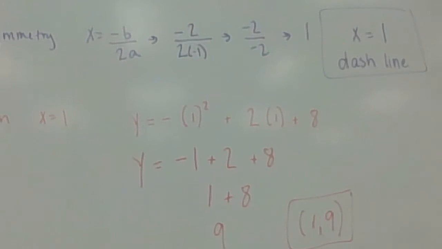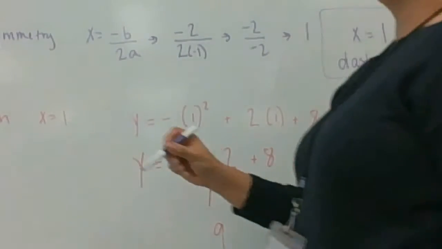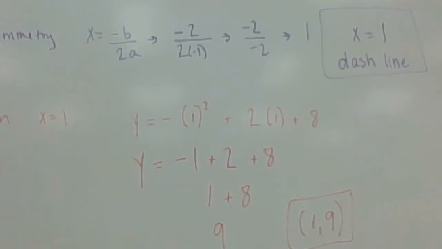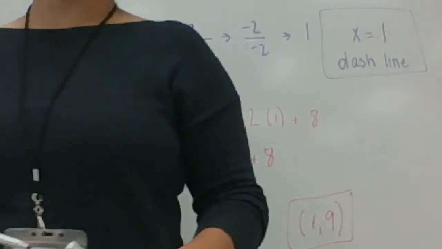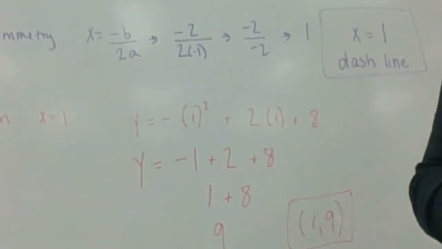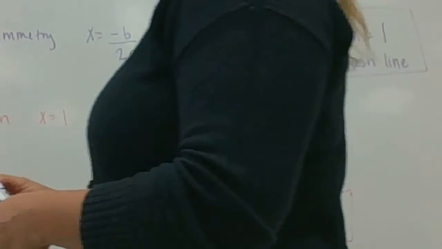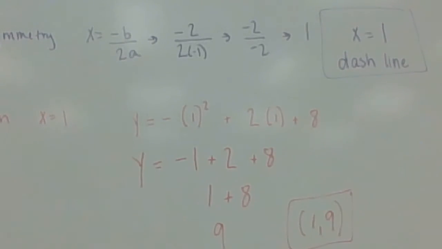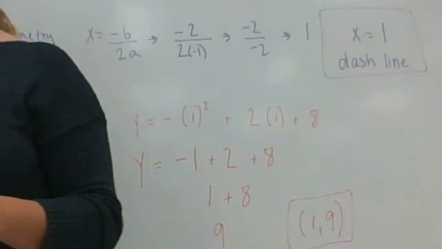If I plug a 1 in here, I do 1 squared first, and -1 times 1 is -1. If there are no parentheses around this negative sign, it doesn't get squared. It's really important, because exponents come before multiplication. Technically, everybody would benefit if this was written with parentheses instead.